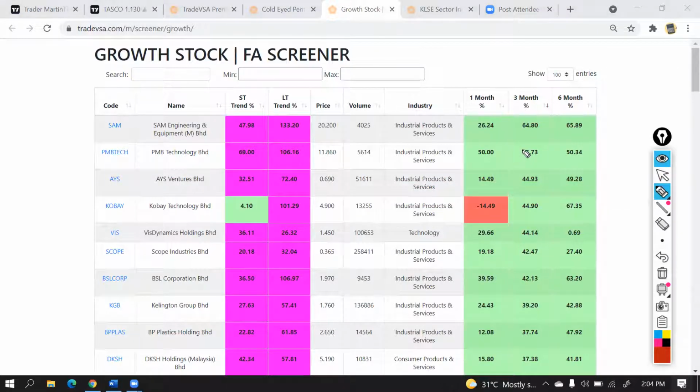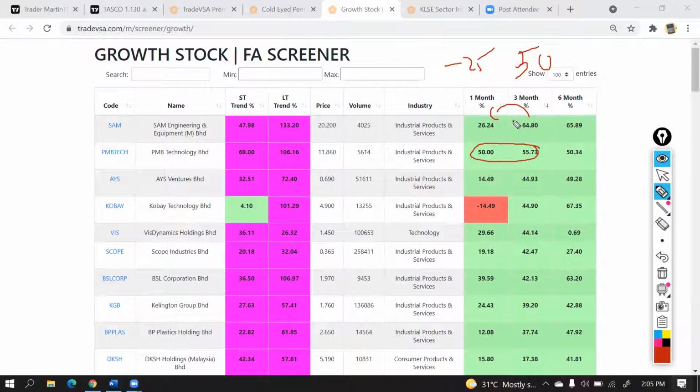Of course, for PNB Tech, the 1 month is just less than 5% from 3 months. This is telling you that the stock is currently trending. I'm looking for something where the percentage is at least half from here to here. So if the 3 months is 50%, the 1 month should be below 25%, at least half of the 3 months.